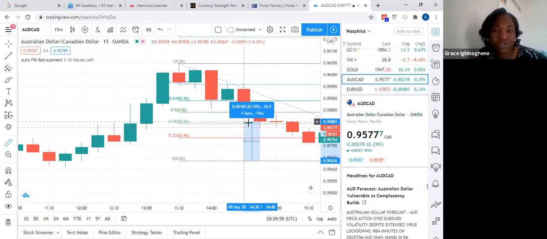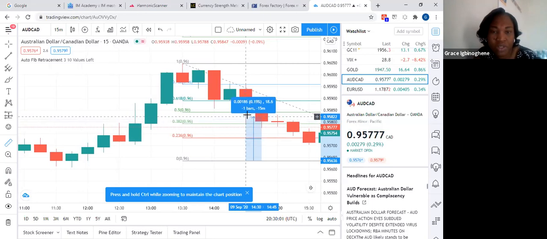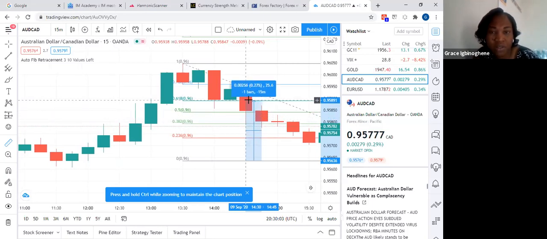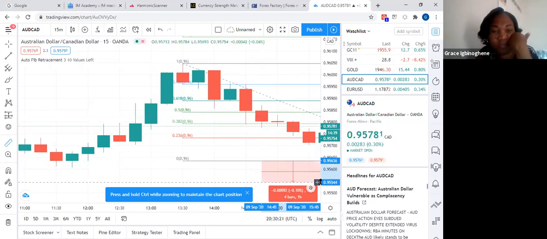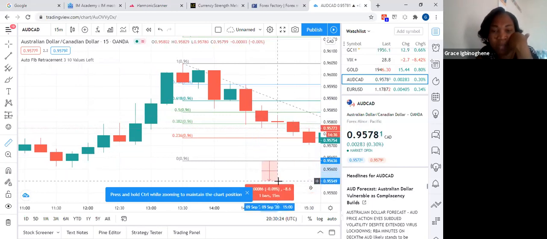And then to take profit 2 is 25 pips. So if I know that I'm going for 25 pips, then I can afford to risk 10 pips or 12 pips. So I can come and measure it.